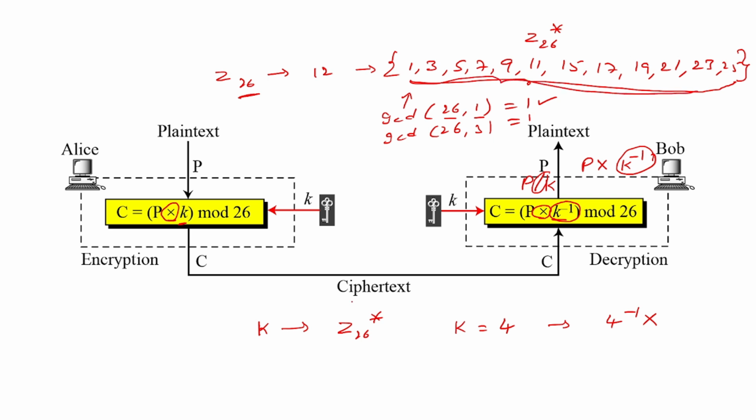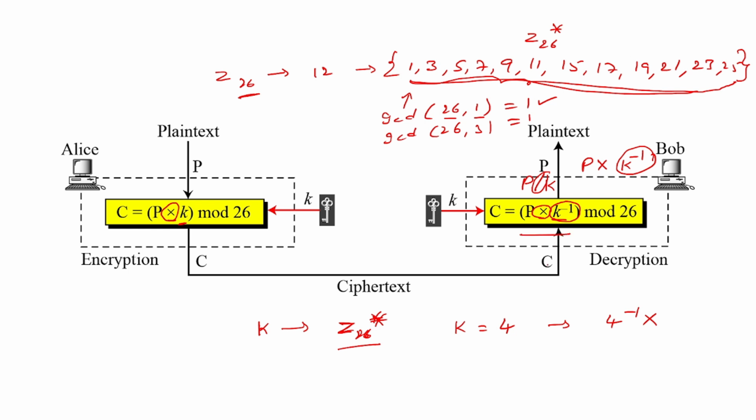That means Z26 star. All the values in Z26 star contain the multiplicative inverses. So we need to select the key from Z26 star, so we can perform the decryption also.